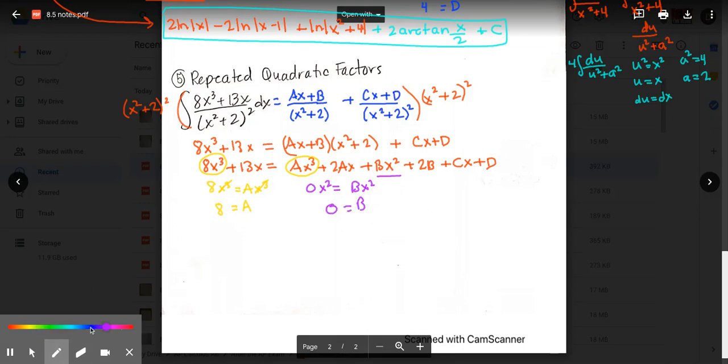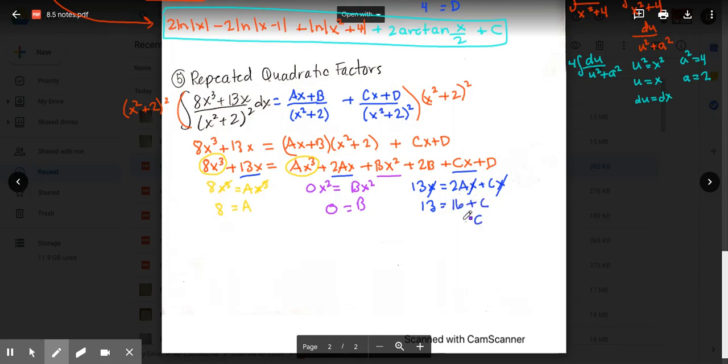All right, moving on to the x terms. 13x equals 2ax plus cx. Let's cancel all the x's now. We know a is 8, so if I plug that in here, I get 16 plus c.